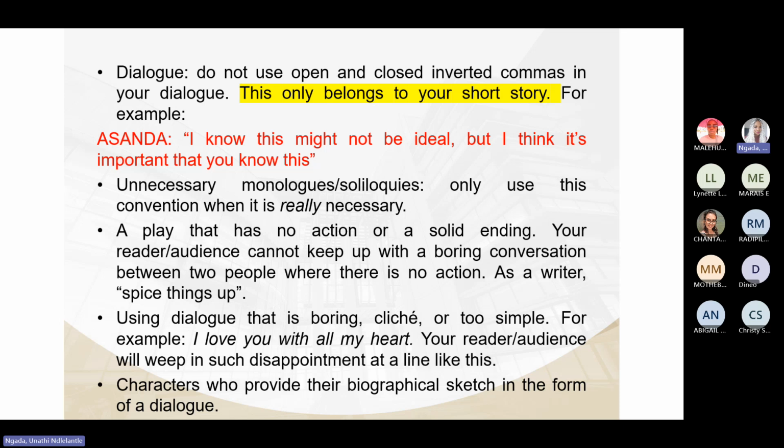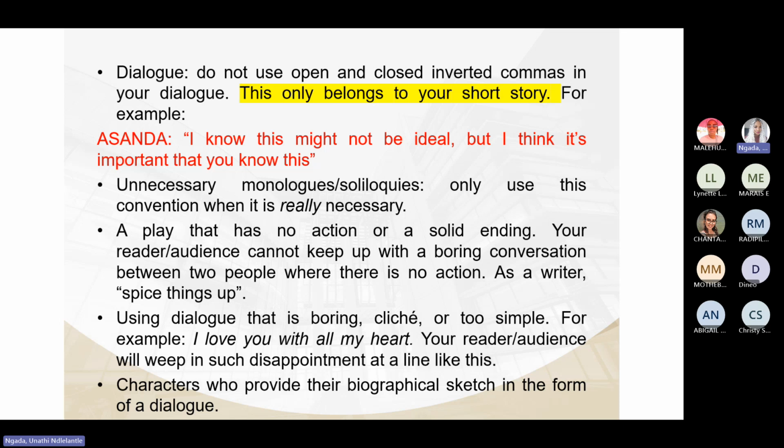Actually, blast my mind into smithereens, and then I will weep because of the cliche, generic dialogue in the play.